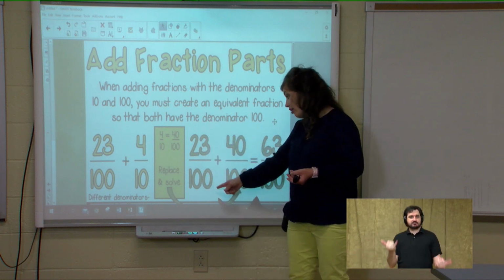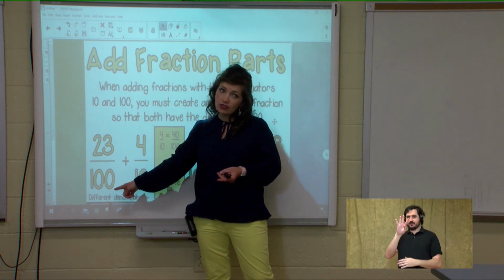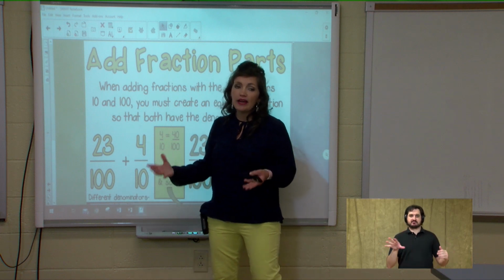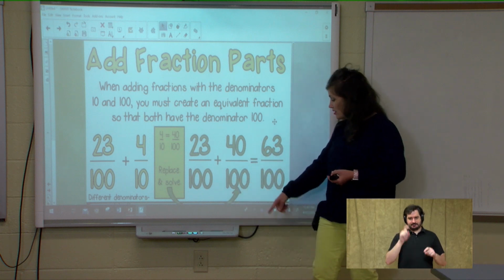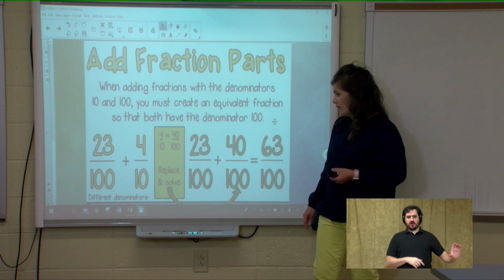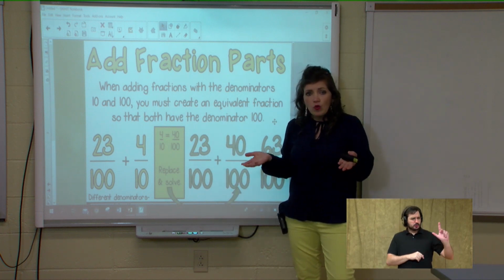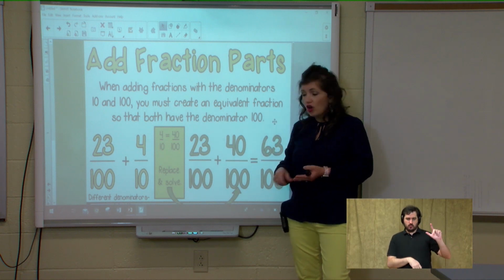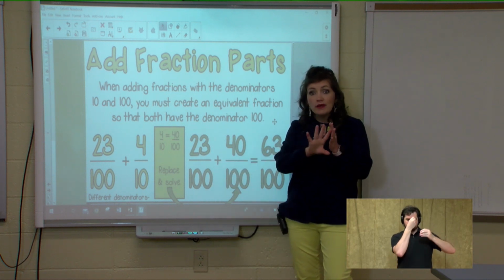Now we can add our fractions. Remember, we can't add our fractions if they have different denominators. We have to convert one of them so that they have the same denominator first. Now we can add 23 hundredths plus 40 hundredths. But remember, when we're adding, think about 23 hundredths. What is 23 hundredths? That's 23 units, right? Our denominator, 100, tells us how many units there are.